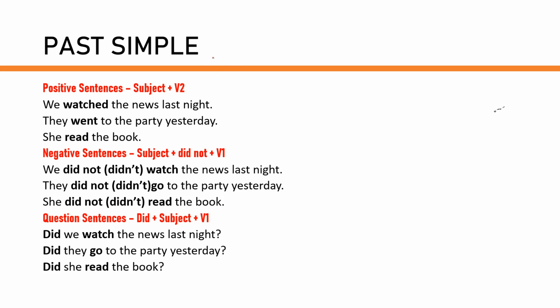So we're studying how to make positive, negative, and question sentences, or the structure of those sentences, in almost all the tenses. So we'll start with past simple. We've already done present, and so the structure, I hope you remember things. We have subject plus second form of verb plus object. So what is the second form of verb?